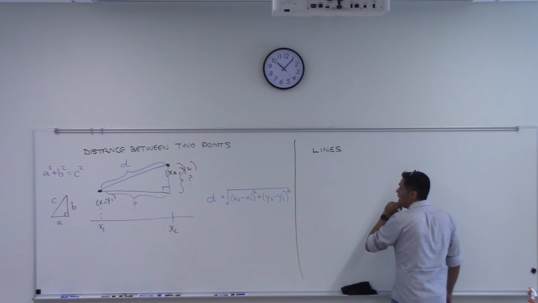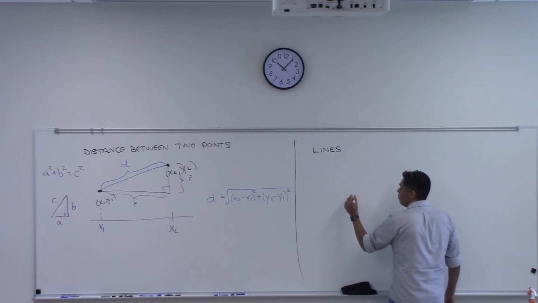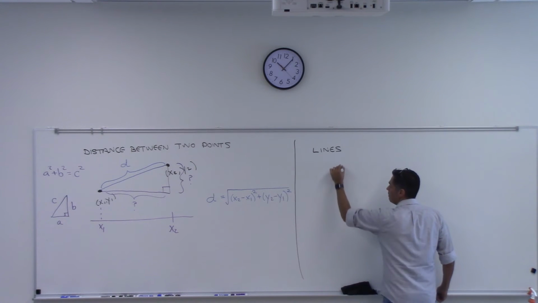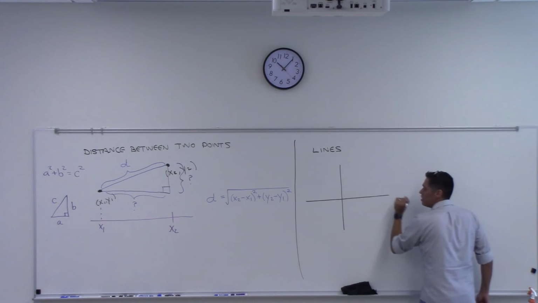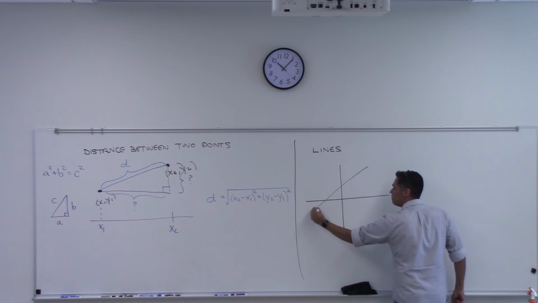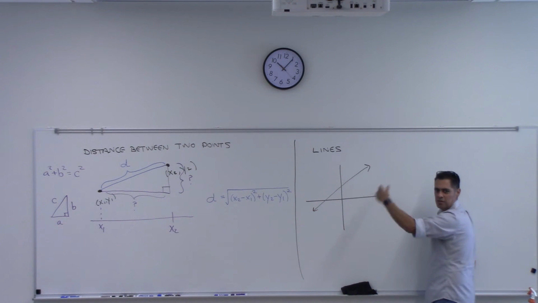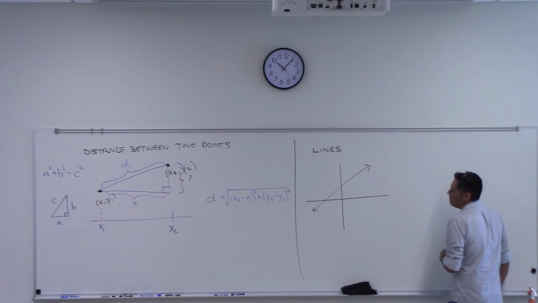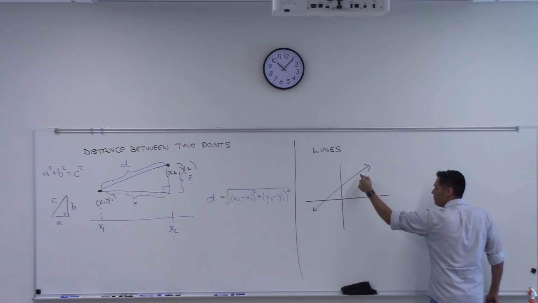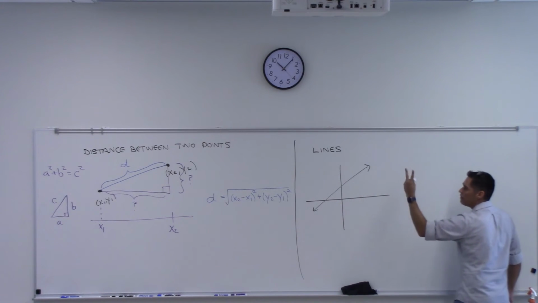So in terms of lines, we should all be comfortable with the idea that in the Cartesian plane, if you graph a line, of course it looks like a straight line, right? The formula for this line can come in 2 different forms.